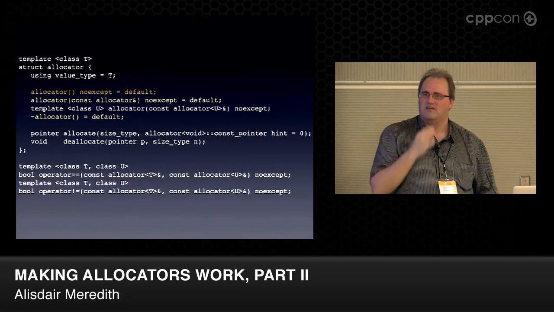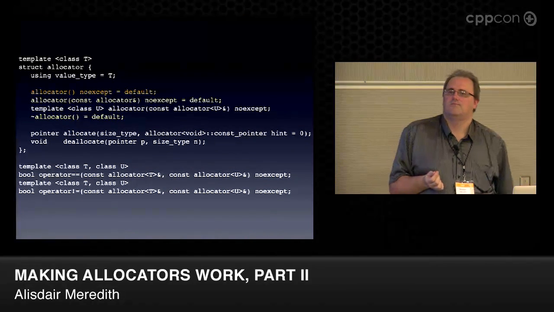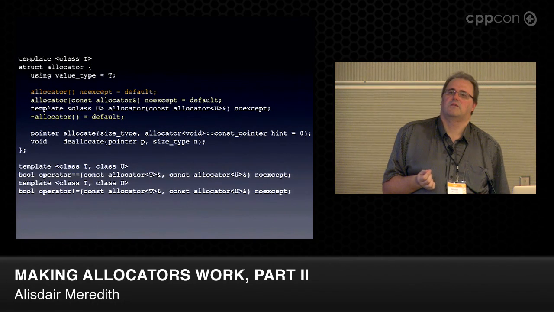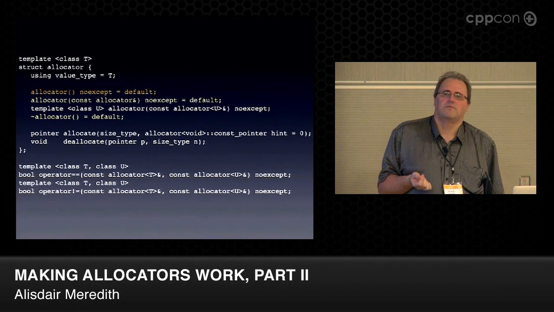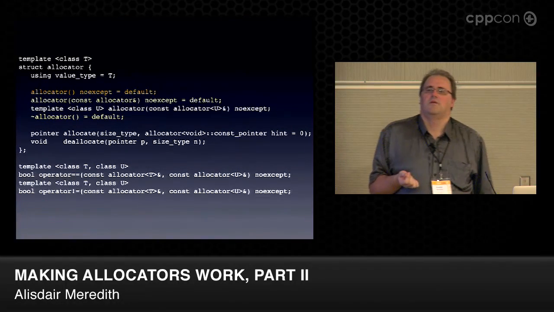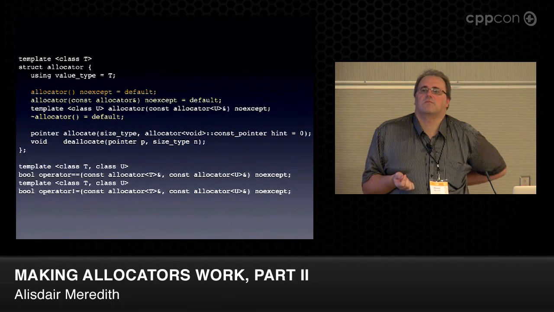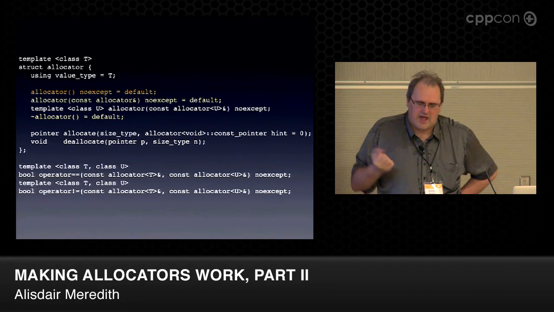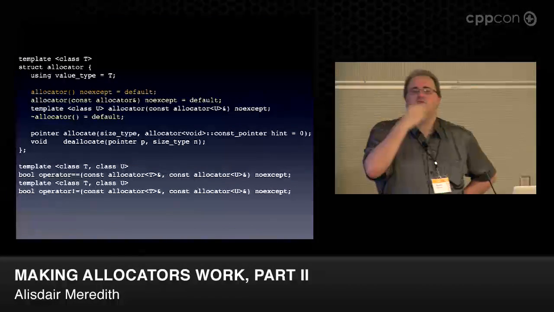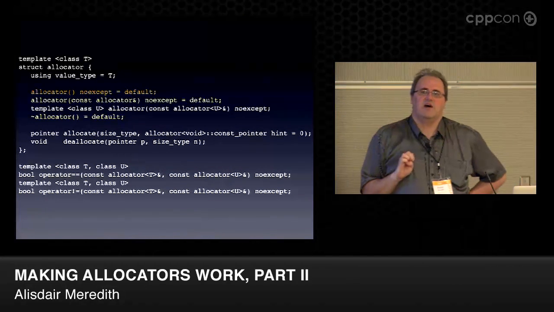Question at the back. Is it the case for allocator implementers that we should be thinking of pools in terms of raw bytes rather than pools of fixed size objects? Then the rebinding problem goes away because you're interpreting a pool of bytes as double or a pool of bytes as string. So the question is, if we're thinking as allocator implementers, should we be thinking purely in terms of pools of bytes rather than pools of certain size?